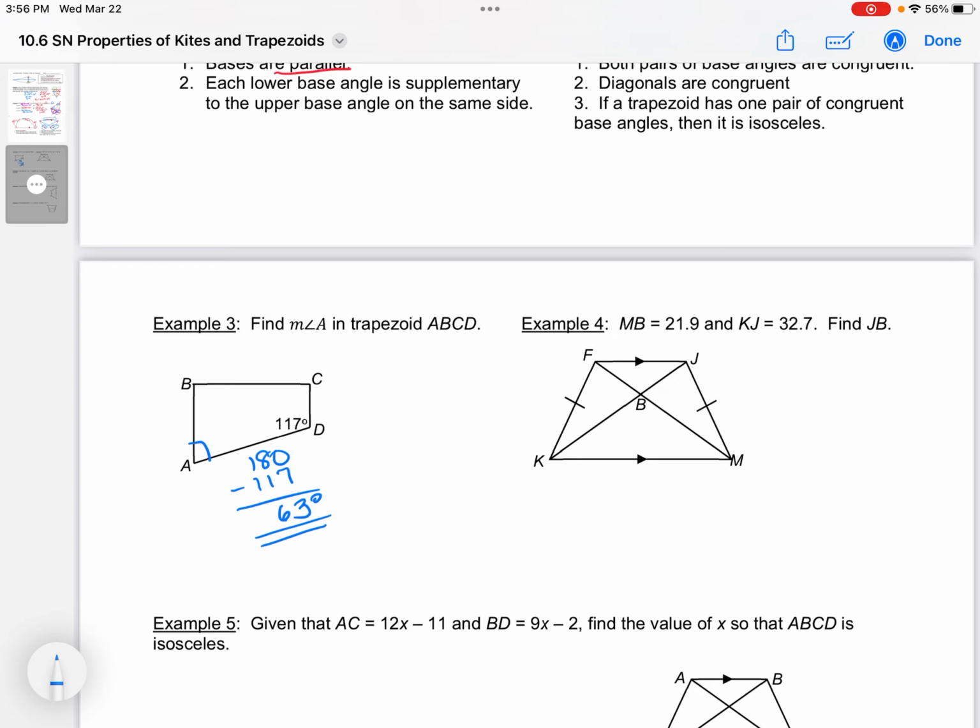Example number 4, this is 21.9. This whole thing is 32.7. And remember what we said, the diagonals are congruent. So that means J is 32.7.